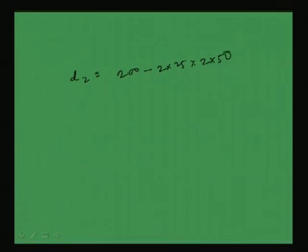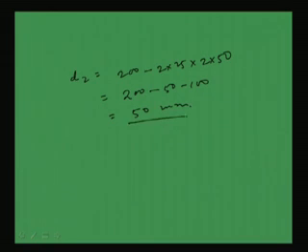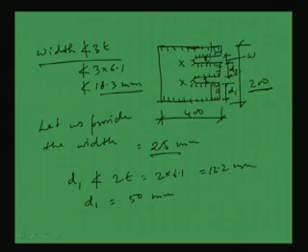So that will be 200 minus 50 minus 100. So this will become 50 mm. That means the distance will be 50 mm. So in this way we can find out the details. What next will be the slot length. That means the slot length also we have to find out. Let us assume this slot length as A.